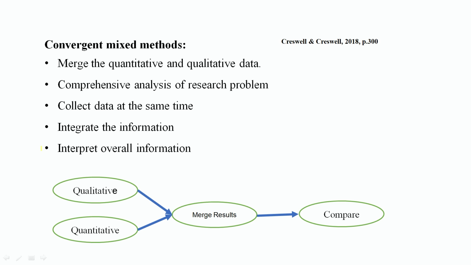The researcher identifies common patterns from quantitative and qualitative data, and another interesting aspect is that the information is integrated and the overall information is interpreted to come to the findings. You can see through this diagram how the process is going on, and I have taken this diagram from the book Creswell and Creswell, and you can find the similar content mentioned in the text as well.